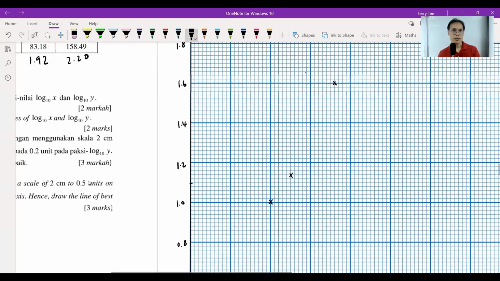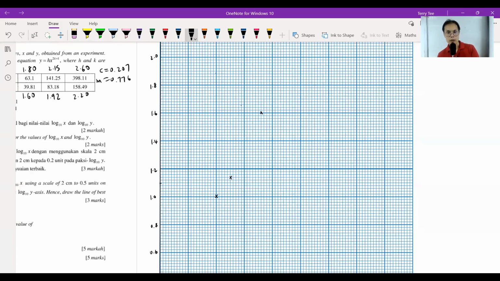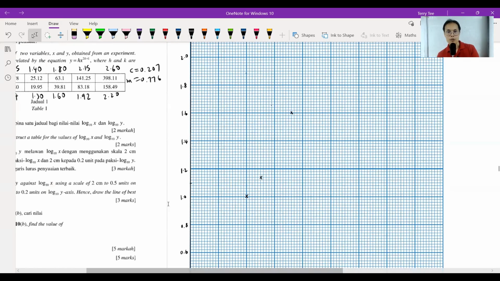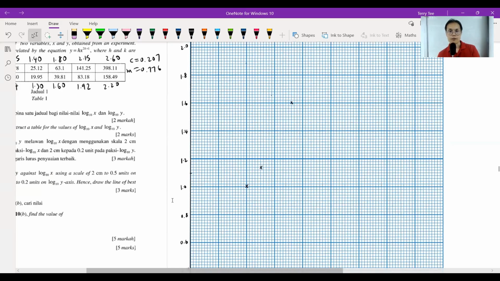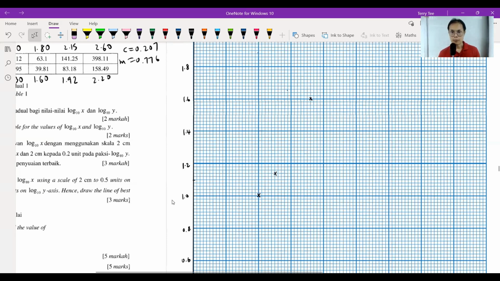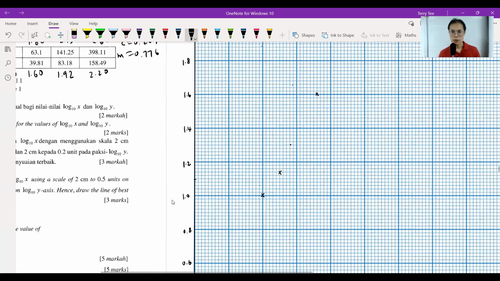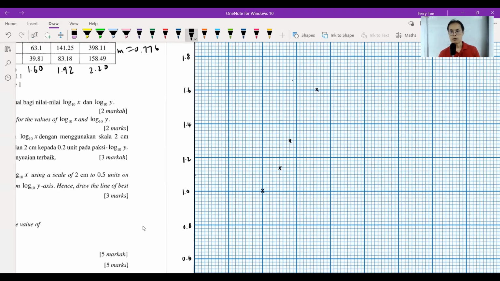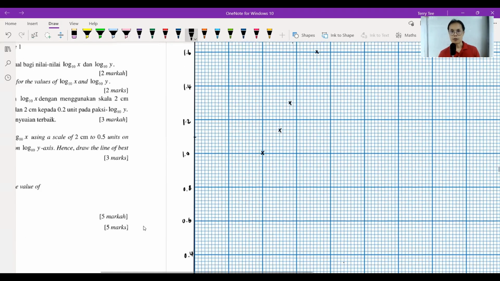After 1.8, 1.6, wait, I got another point before that I couldn't see. It is 1.4, 1.3. This point here. Okay, 1.4, 1.3.